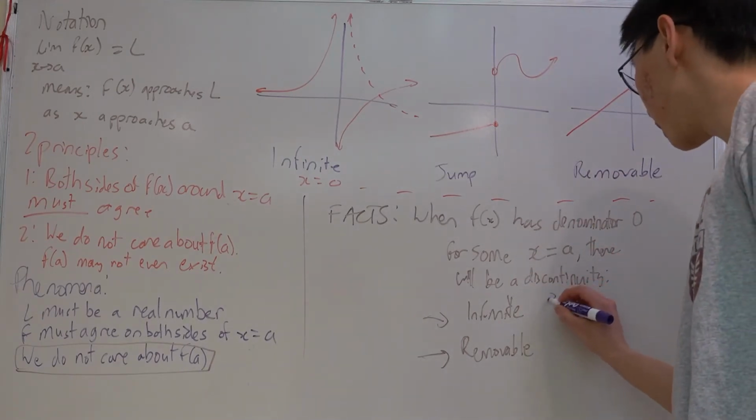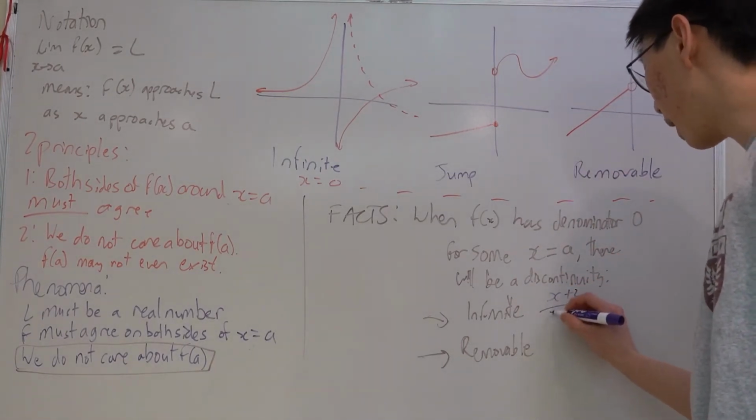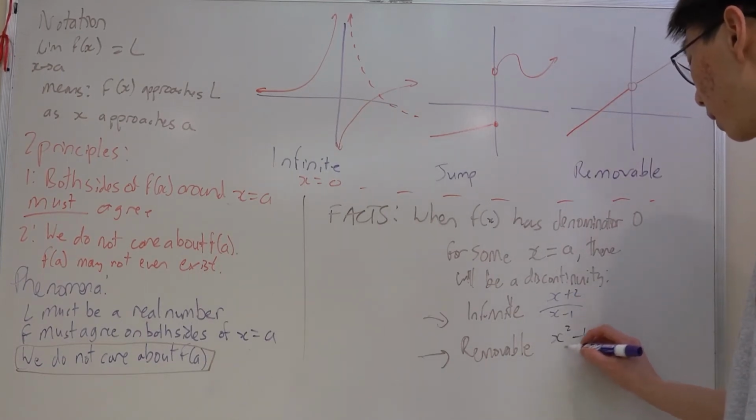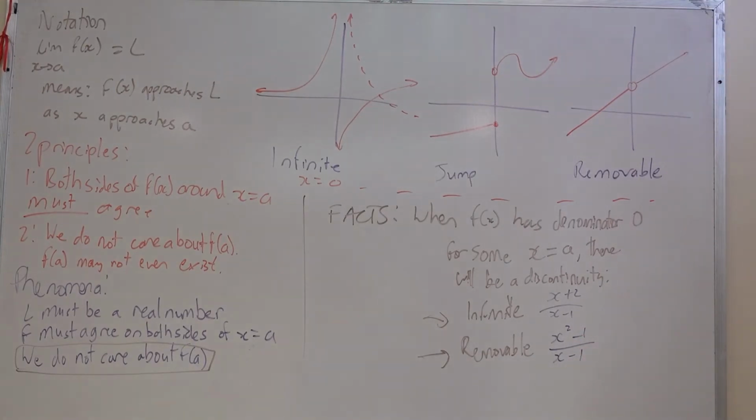Okay, so the first function is x plus 2 over x minus 1. And the next one is x squared minus 1 over x minus 1. Okay? So go ahead and take a look at these two functions. You'll notice that this one has an infinite discontinuity at x equals 0. Right?